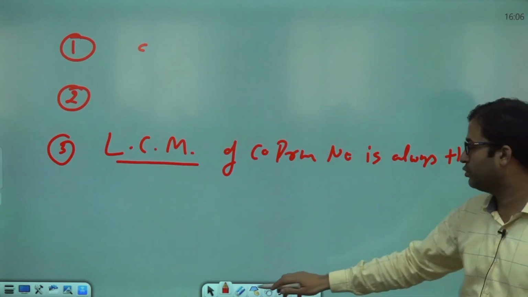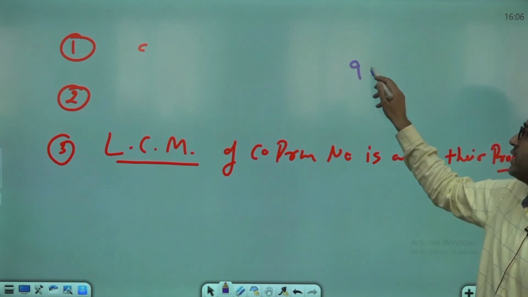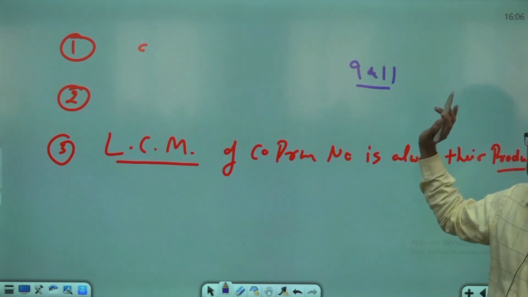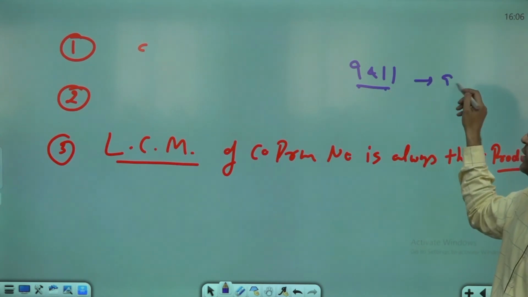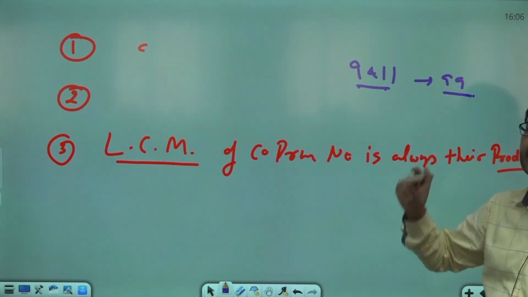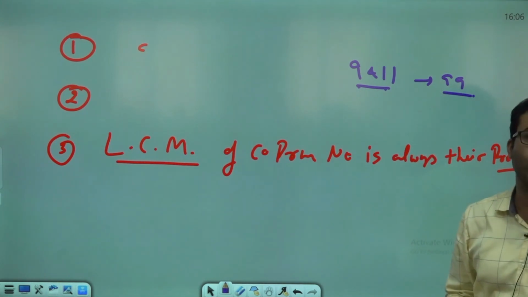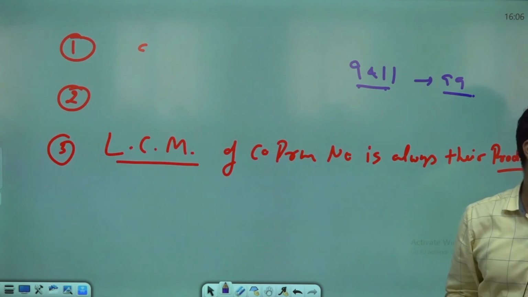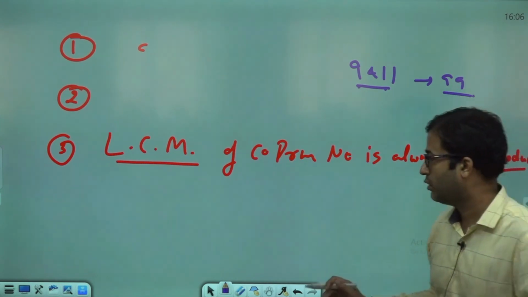Like if I ask you what is the LCM of 9 and 11, multiply. These are co-prime, so 99. You can write an example: LCM of 9 and 11 is 99 because 9 and 11 are co-prime. LCM of co-prime numbers is always their product.